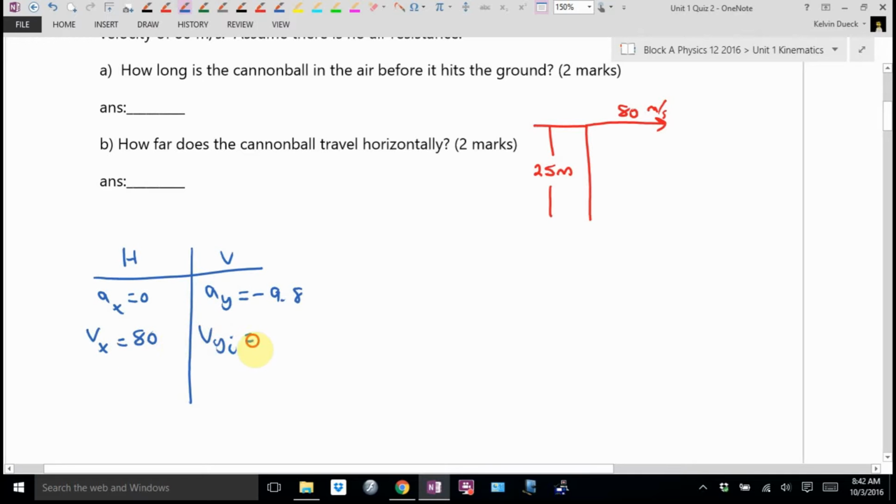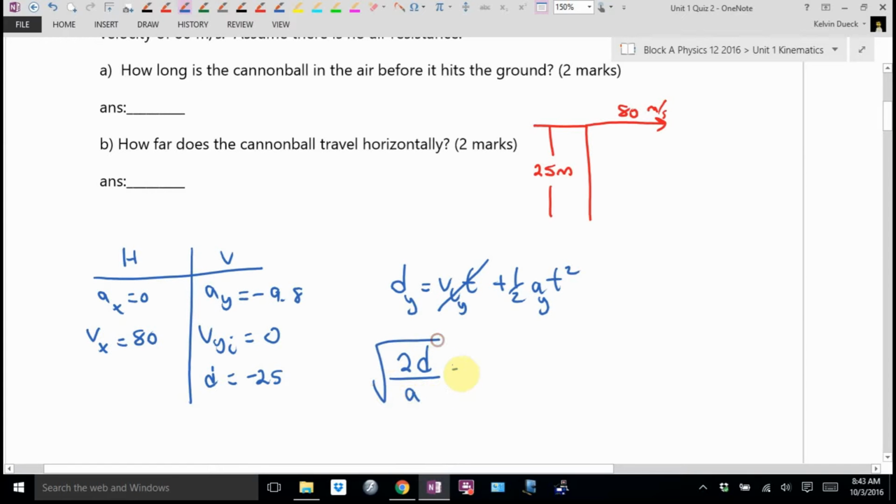What's the initial vertical velocity? 0, which makes the question much nicer. d is negative 25, and so I can find time by using d equals vi t plus 1/2 a t squared, as long as I make sure that's vertical, and that's vertical. I actually end up with the square root of 2 times d divided by a equals t. Or instead of a 2 on the top, you could have a 0.5 on the bottom.